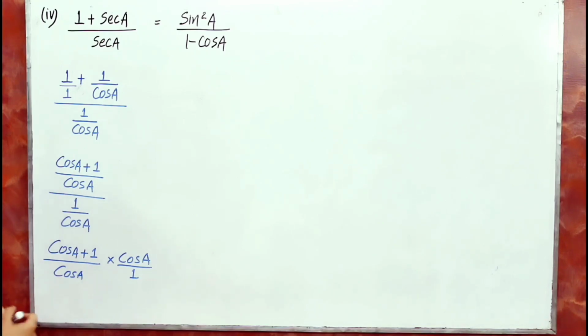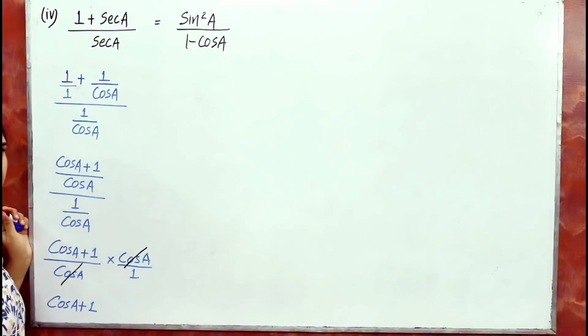You can cancel out this cos a from both, and the final result is cos a plus 1. Okay, now in the LHS we have cos a plus 1, which cannot be further simplified.